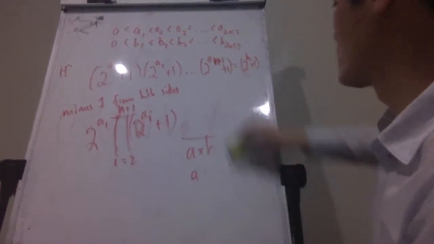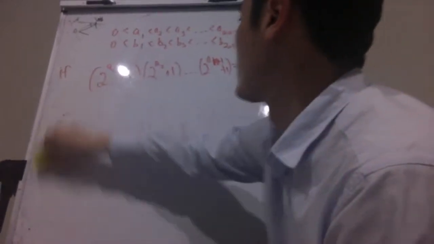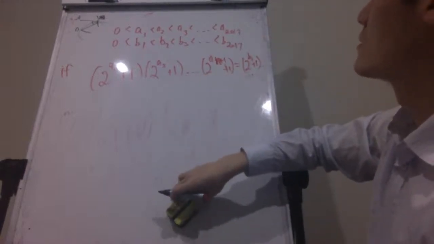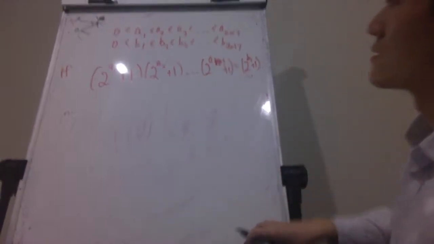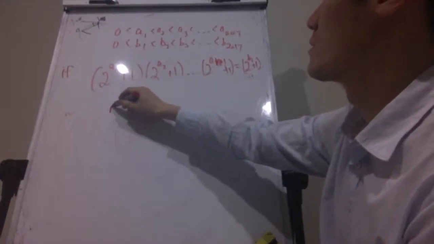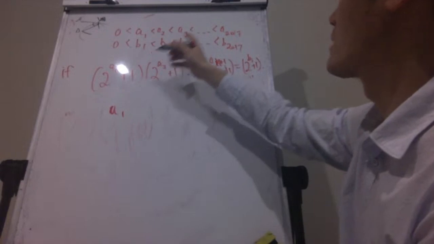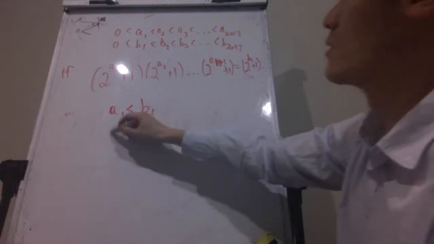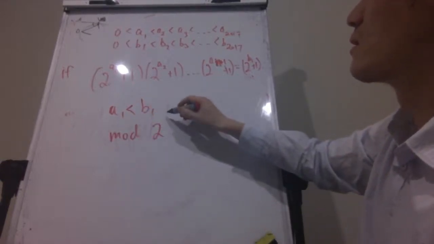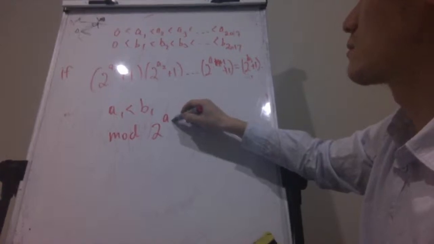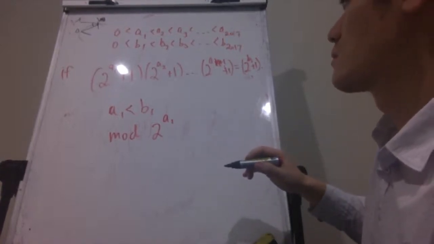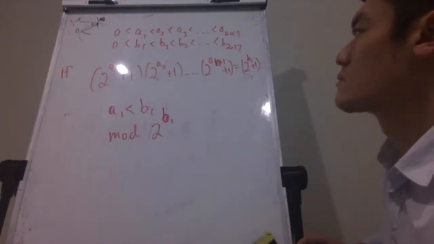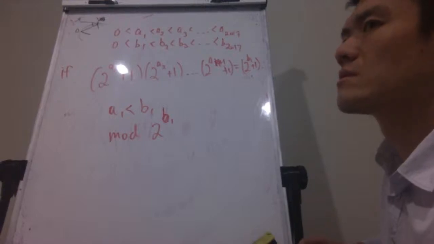Because then what you can do, once you cancel out the 1, you can even just look at mod. So for example, let's assume that A1 is smaller than B1. Then take mod 2 to the A1 plus 1. What if A2 is still smaller than B1?